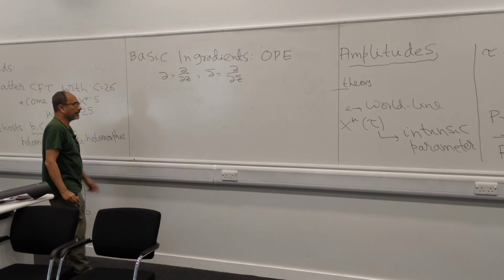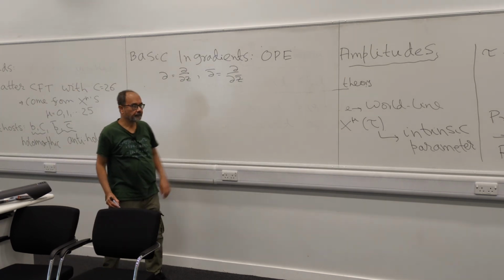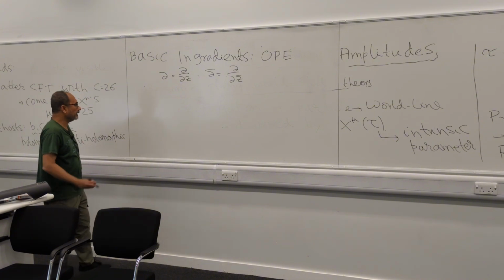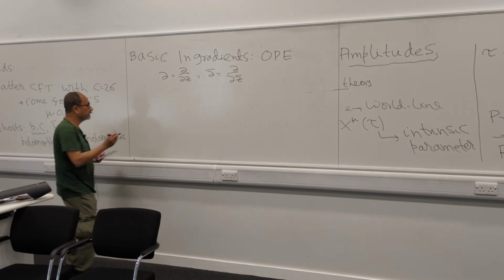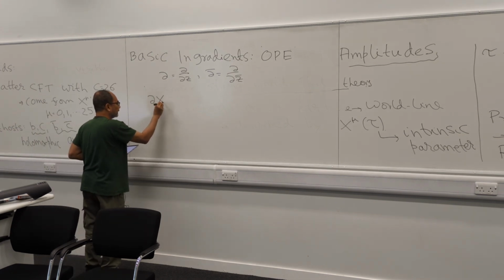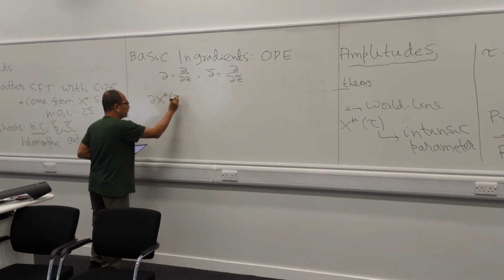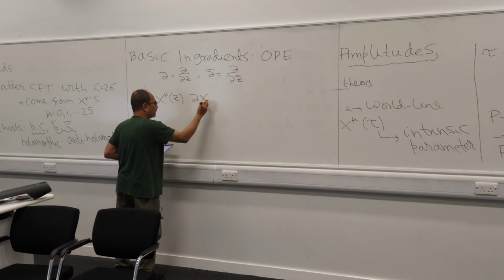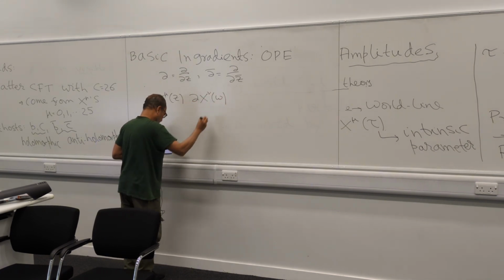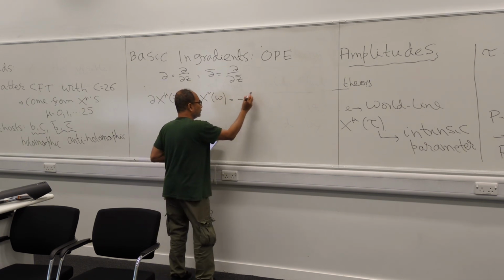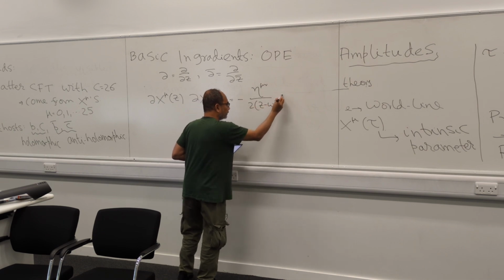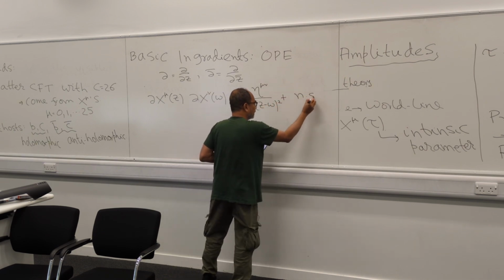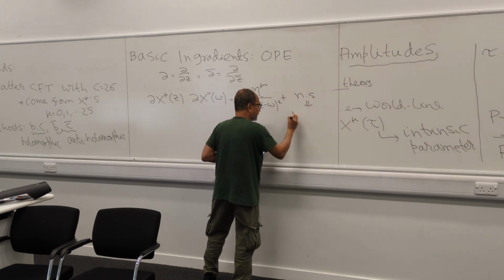So these Z, Z bar are the worldsheet complex coordinates. So the basic OPEs that we'll need are these, plus non-singular terms, where NS means non-singular.